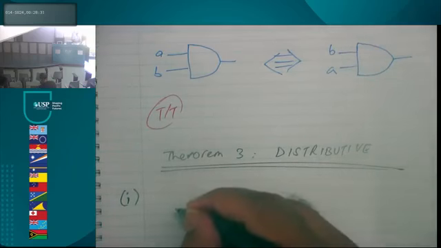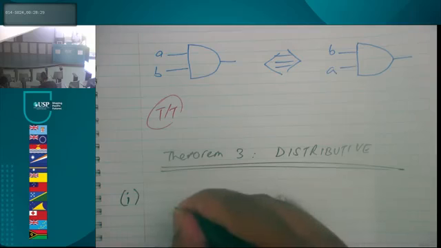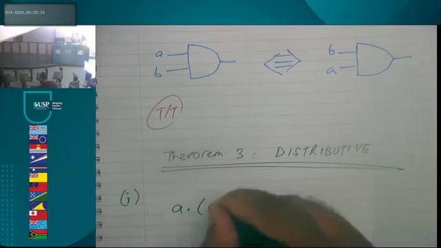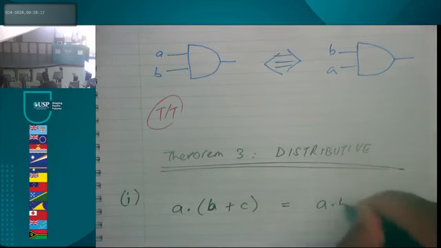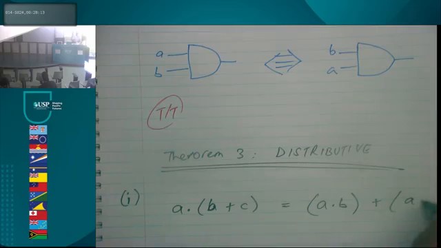Have a look at this. This is where things become tricky. As far as this one goes, that's straightforward. A and B or C is the same as saying A and B, or A and C.